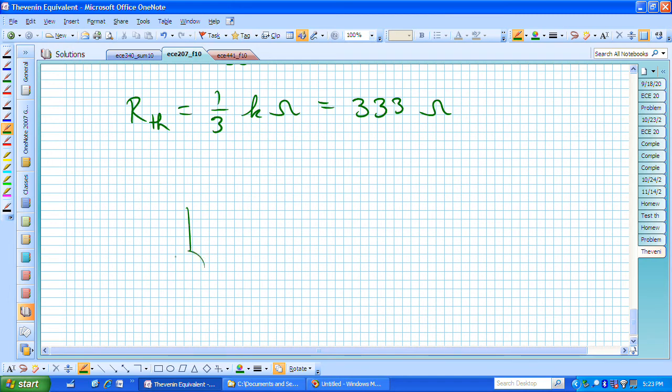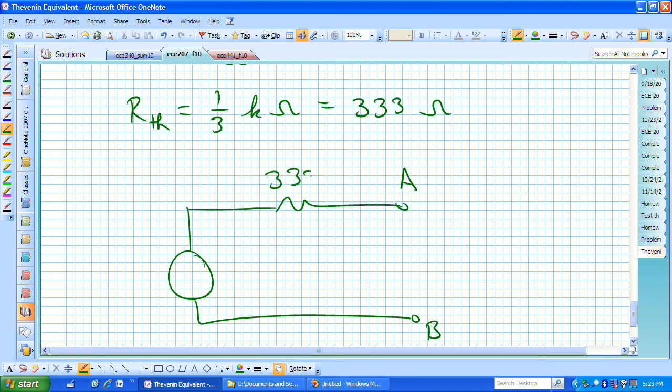We now have the information that we need to model the Thevenin equivalent between nodes A and B. This is now 333 ohms, that's our R Thevenin, and our V Thevenin is this minus 6 volts.